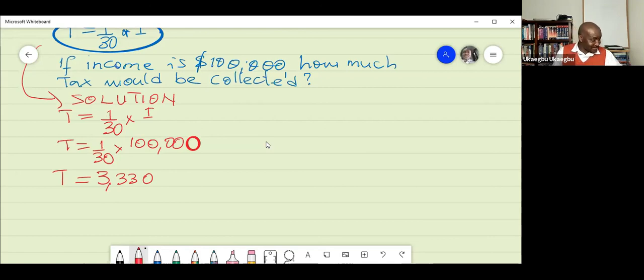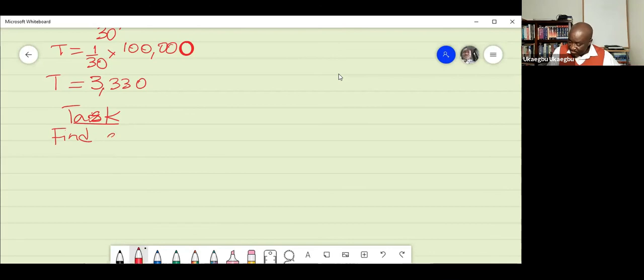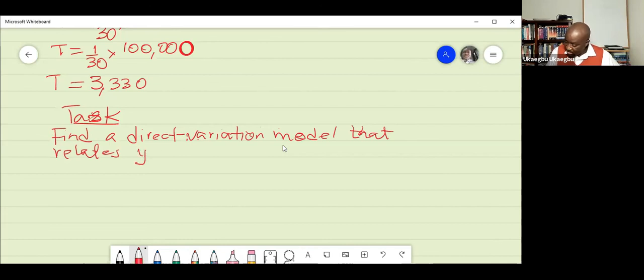All right, now let's see. I'm going to give you a direct variation again. So I would say find a direct variation model that relates Y and X. For example, example A, if X is equal to 2 and Y is equal to 14.